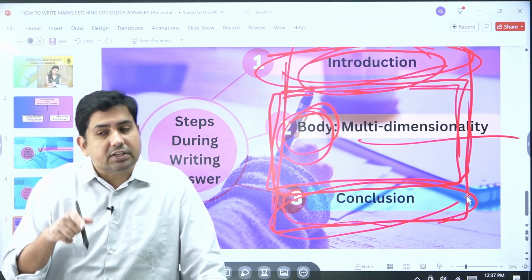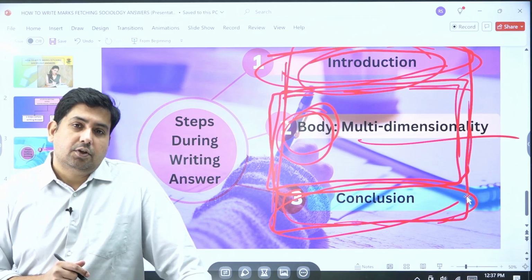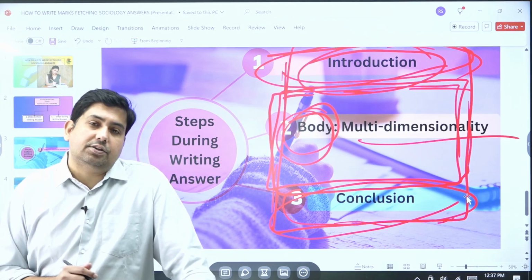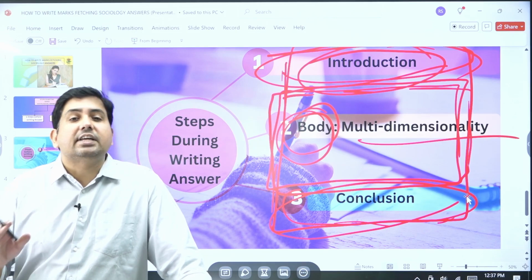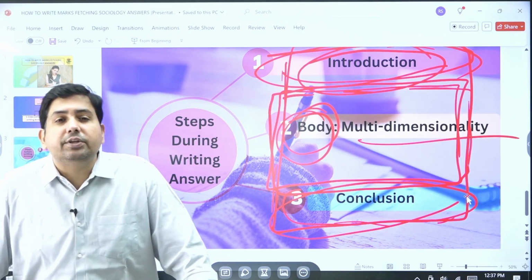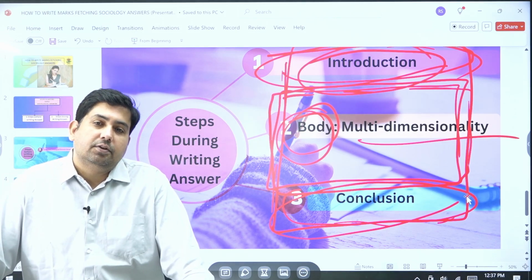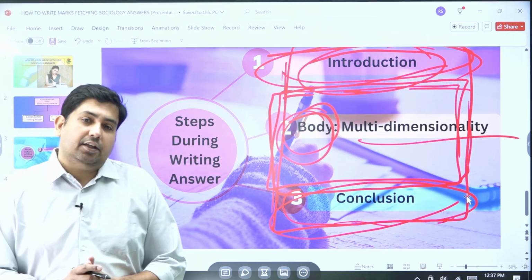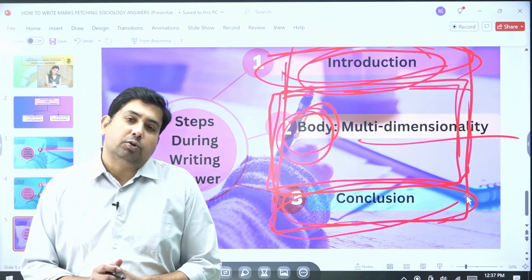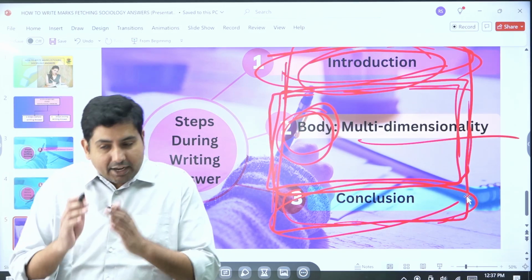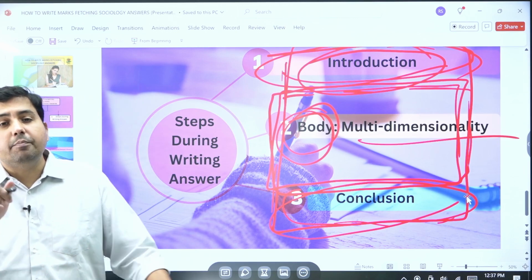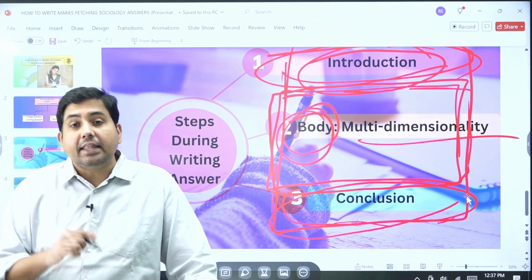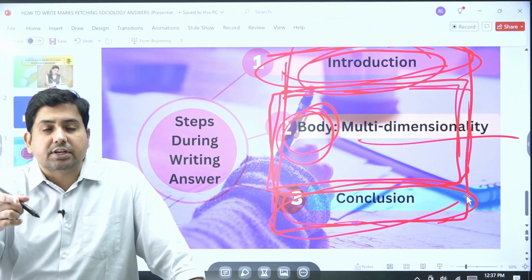And if you are giving substantiation without any argument, it is of no use. So both things should be there. First you will make an argument, and then you must substantiate it.